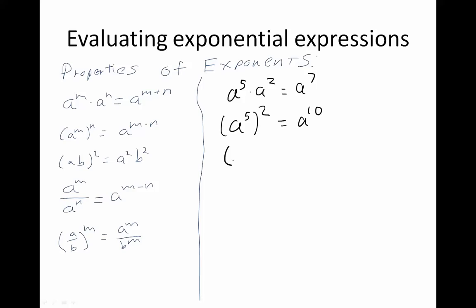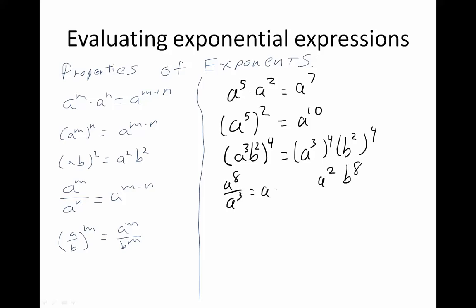We have talked about how having multiple things inside the parentheses with an exponent on the outside means that it's not distributing, but it's kind of like distributing that exponent to everything. So this is a to the 12th, b to the 8th. And we've talked about how division is subtraction.